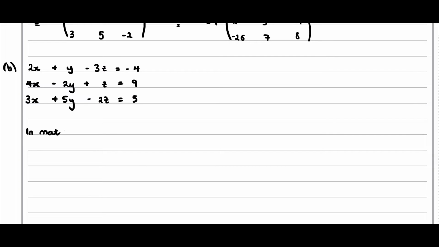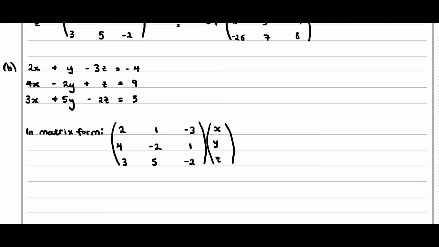So in matrix form, of course, we have our matrix 2, 1, minus 3, 4, minus 2, 1, 3, 5, minus 2. And if we multiply this by the vector x, y, z, of course, we'd end up with our set of equations on the left-hand side here. And this, of course, is equal to minus 4, 9, 5.